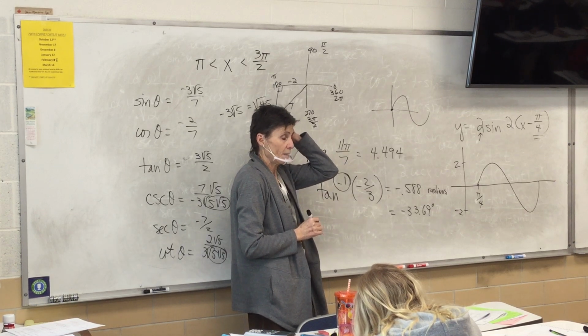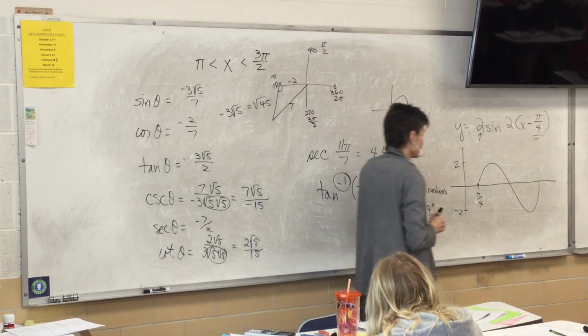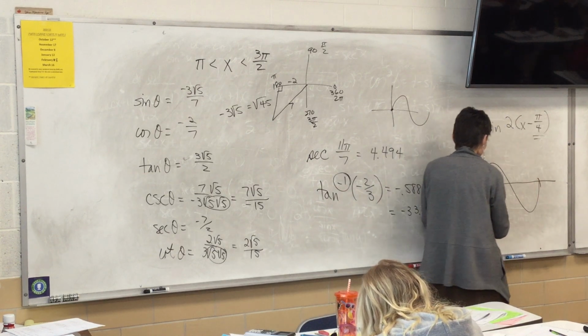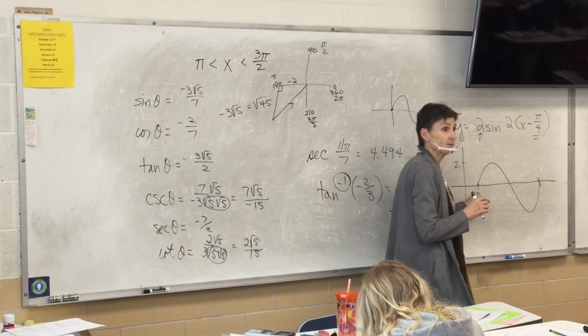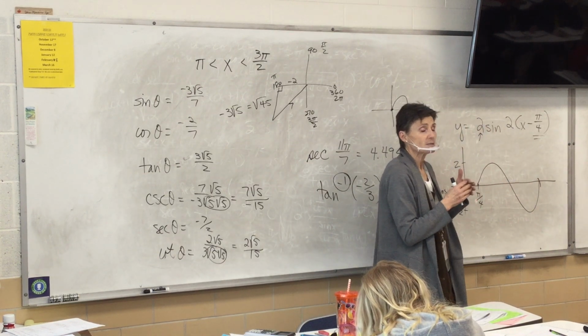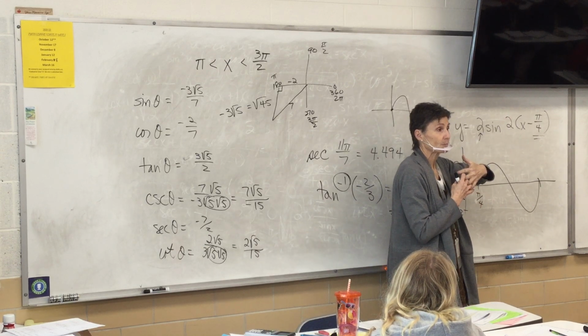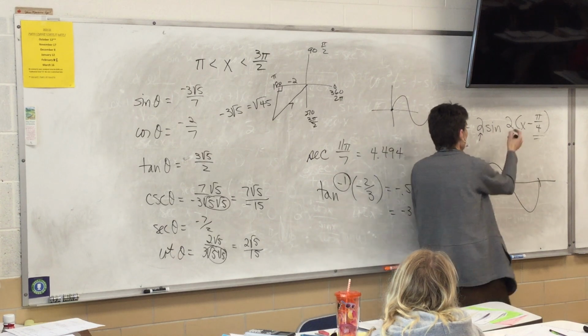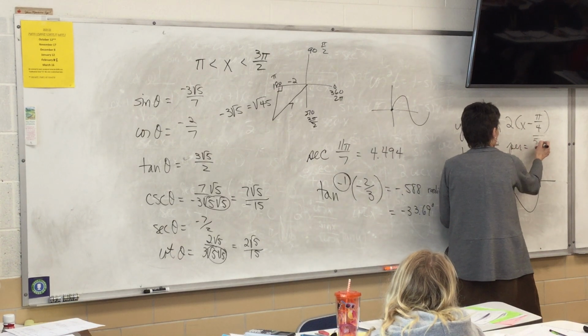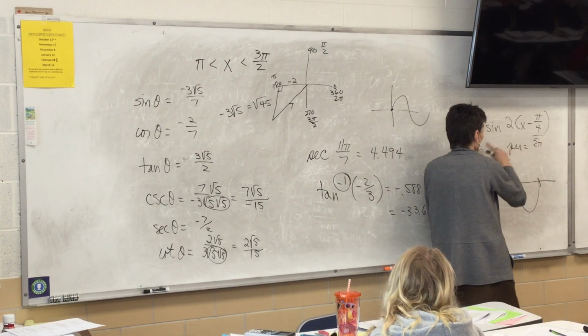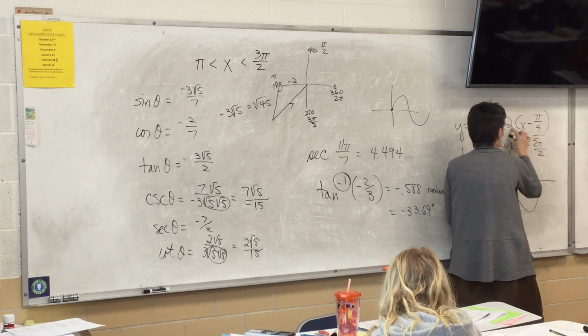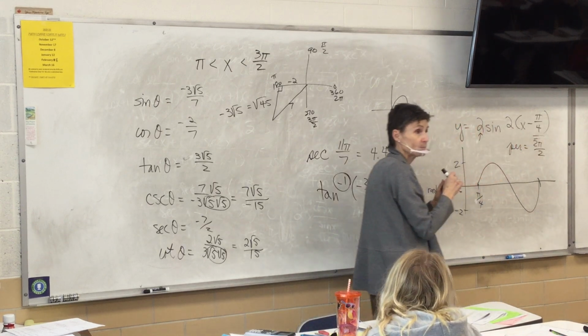What about my horizontal labels? Well, here to here is the period, right? What is the period of this particular equation? Pi, because for a sine, period is found by taking 2 pi and dividing it by that number.